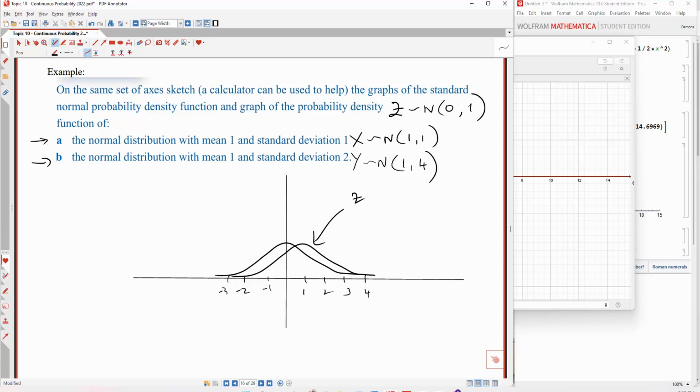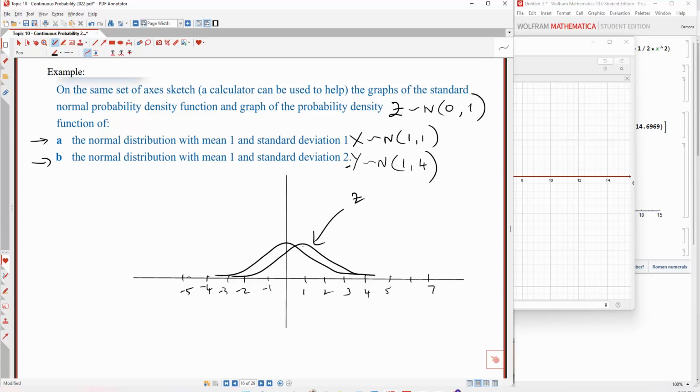It has a mean of 1, but the standard deviation of 2 means it's going to go 1 standard deviation, up to 3, 2 standard deviations, up to 5, 3 standard deviations, up to 7. So that's to the right. Then we need to go to the left. From 1, we've got -1, -3, -5.